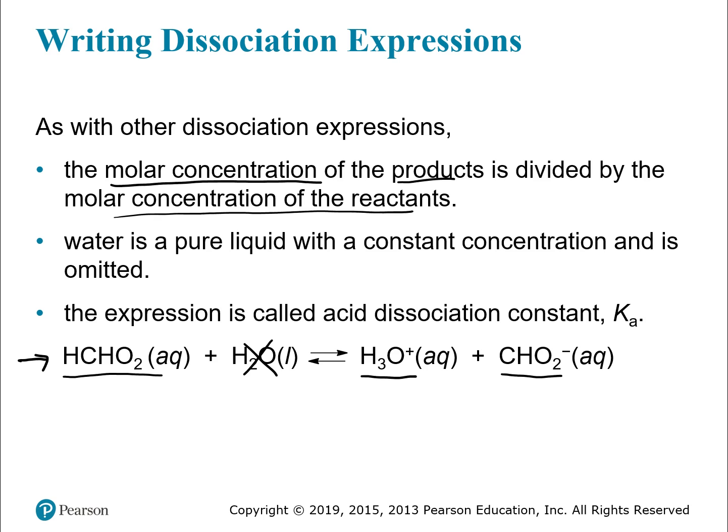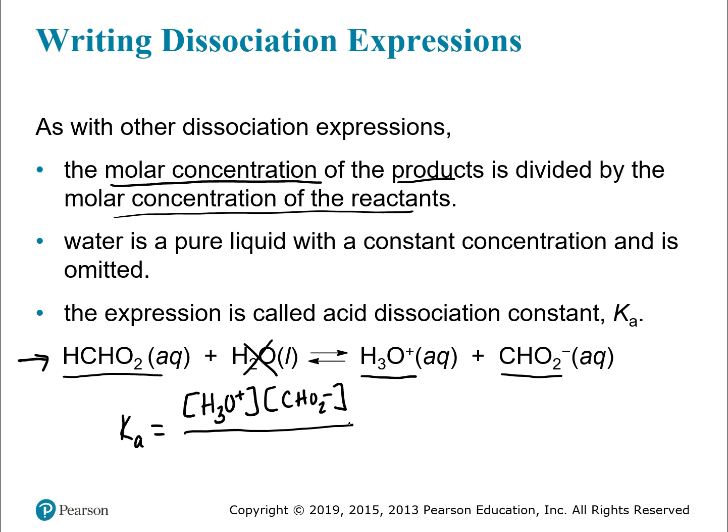We are, however, interested in both the hydronium ion and the formate ion. The dissociation expression gives you the Ka, which is the acid dissociation constant. And that is equal to the molar concentration of the products, which we represent in brackets, H3O+ and CHO2-. Those are our products.